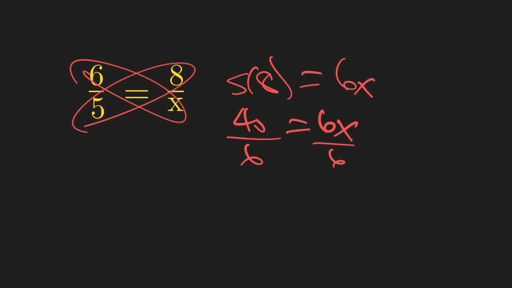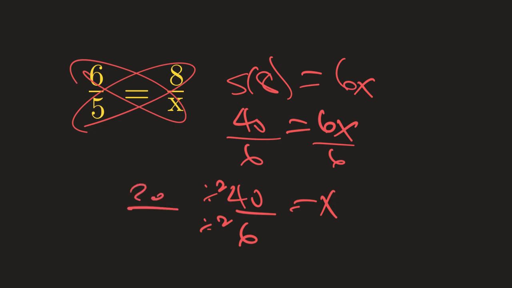Create the fraction. 40 over 6. Can I reduce 40 over 6? Is there a number we can divide both 40 and 6 by? 2. Let's divide both of them by 2. 40 divided by 2 is 20, and 6 divided by 2 is 3.